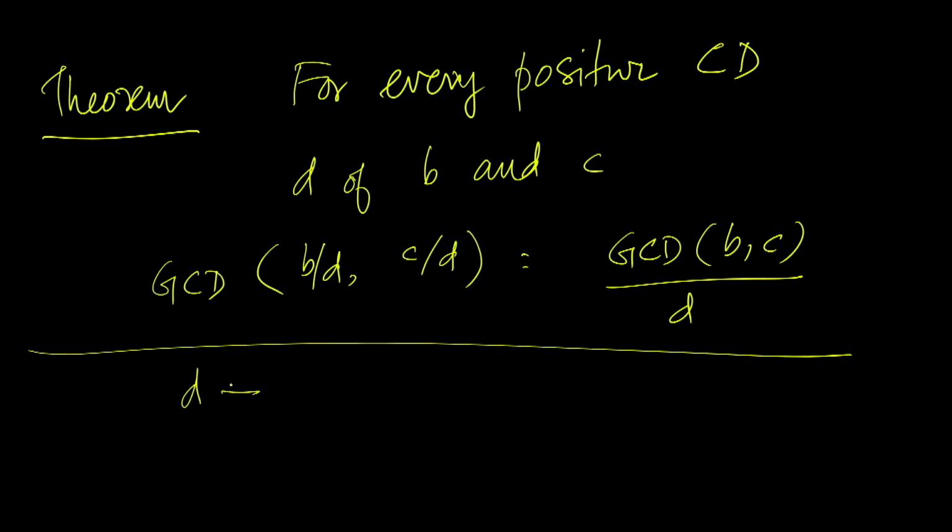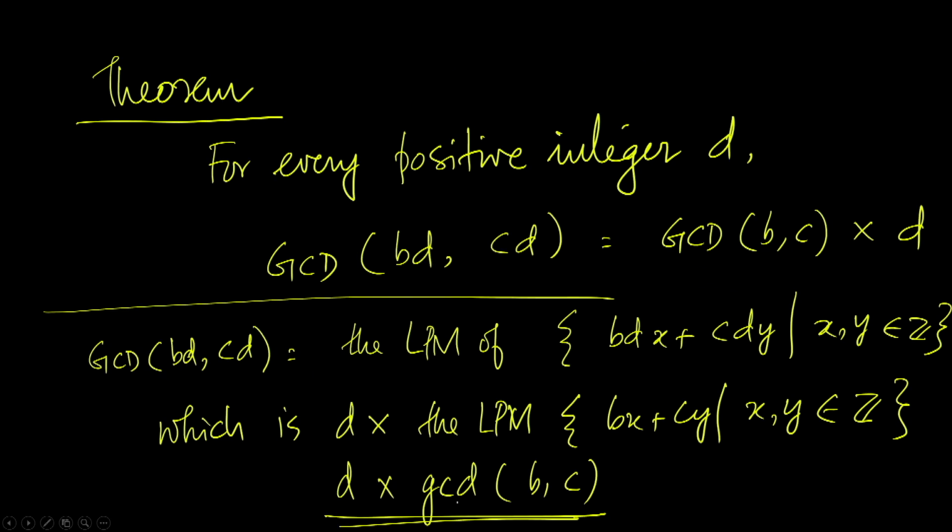In the previous theorem, you put D as D, B by D as B, and C by D as C. If you substitute thus in this theorem, we get the new theorem as a corollary.